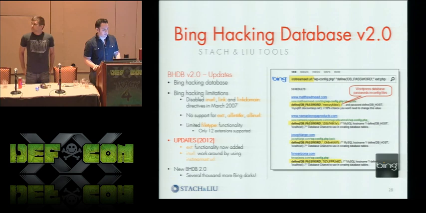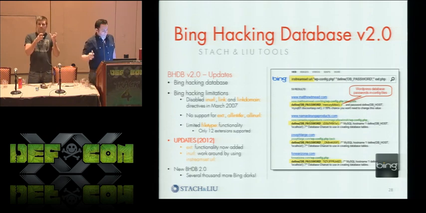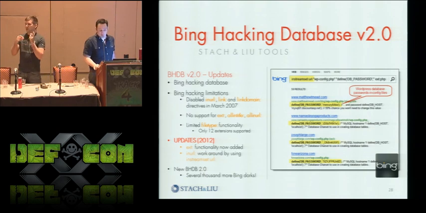By using this, and we see it in the screenshot here, instreamset:url: in Bing, you effectively get inurl. And you can do instreamset:body, instreamset:title, or other parts of a typical HTTP, or I'm sorry, HTML page.